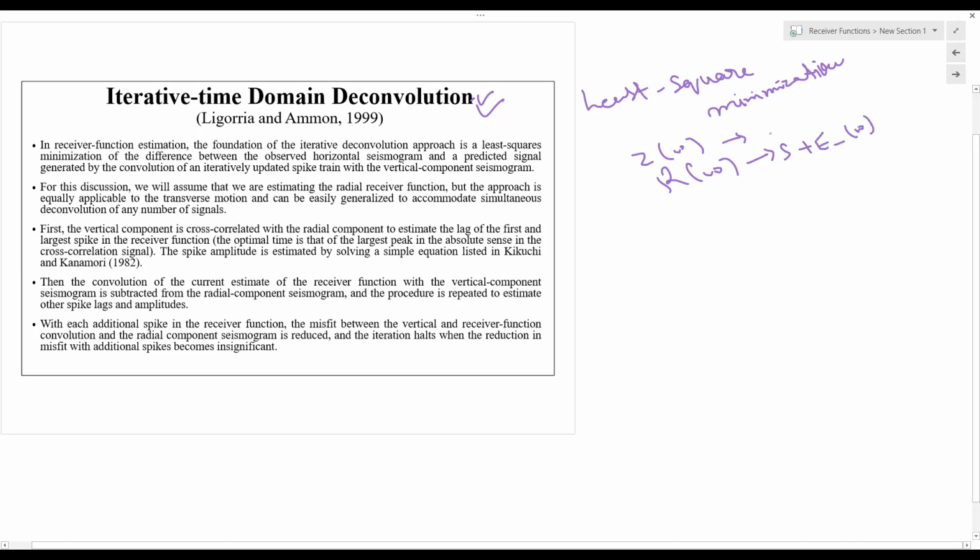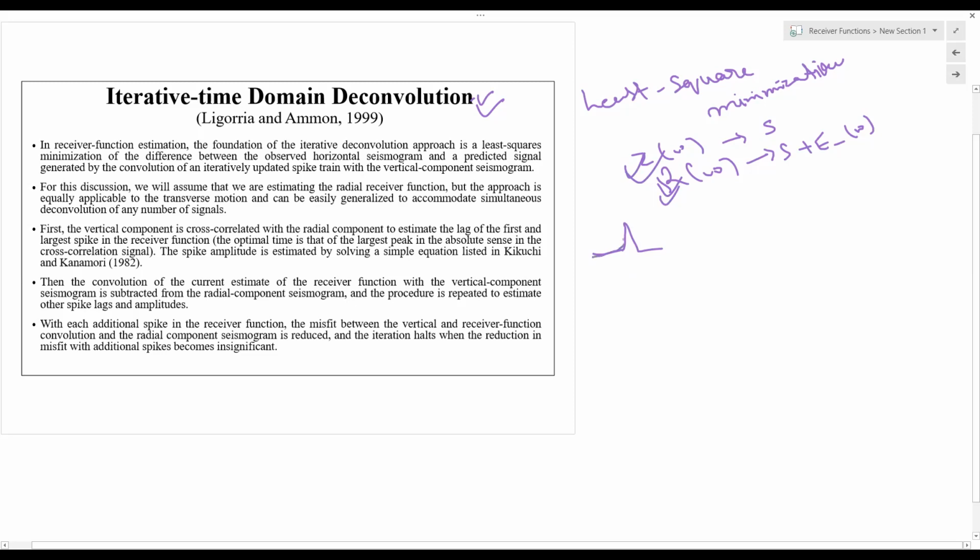So first, they cross correlate the vertical component with the radial component to estimate the lag of the first and the largest spike in the receiver function. It is an iterative approach.